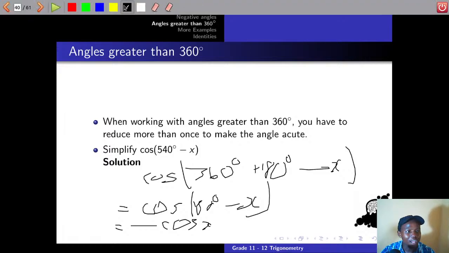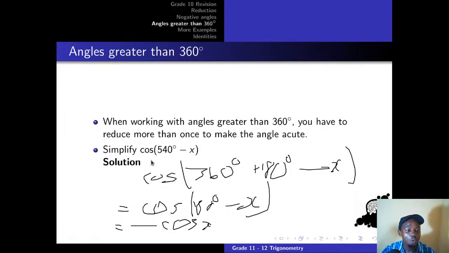So, what have we done here in essence? When looking at 540, we see that this is an angle which is greater than 360 degrees. If ever you have an angle which is greater than 360, you will always say 360 plus some angle, such that when added to 360 gives us the angle in question. 360 plus 180 gives us 540.